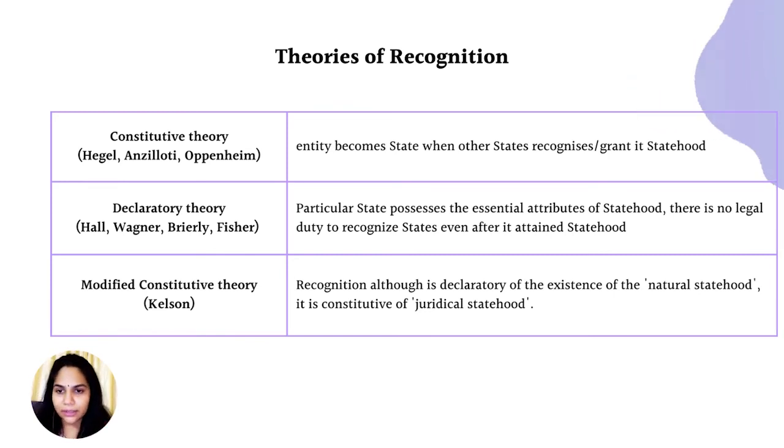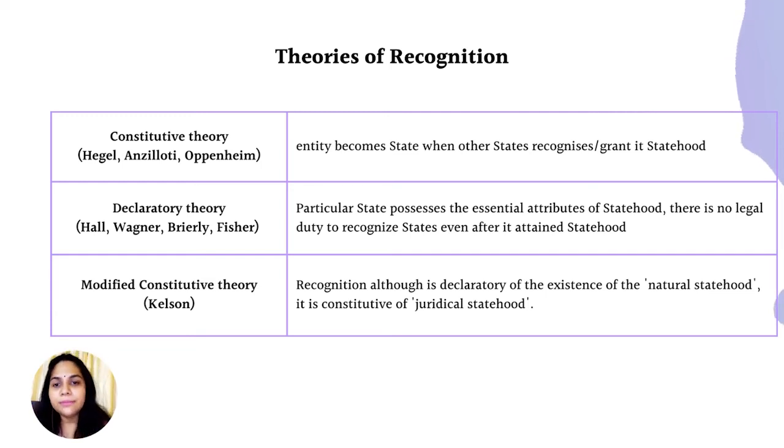On the other hand, we have the declaratory theory, right? The supporters of this theory were Hall, Wagner, Brierly, and Fischer. Now let us see what this theory conveys. According to this, a particular state possesses the essential attributes of statehood. There is no legal duty to recognize a state even after it has attained statehood.